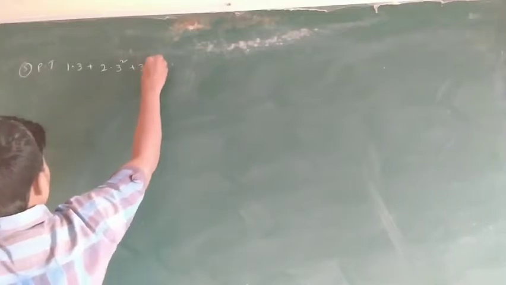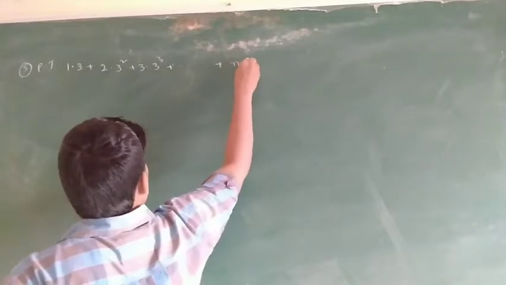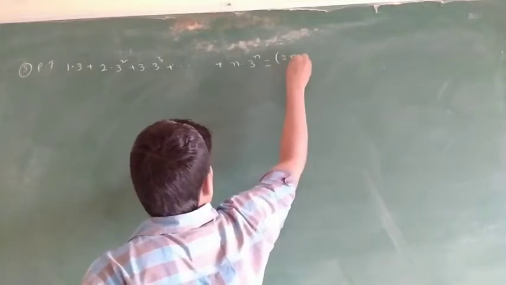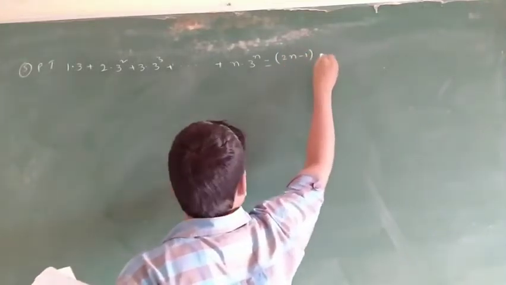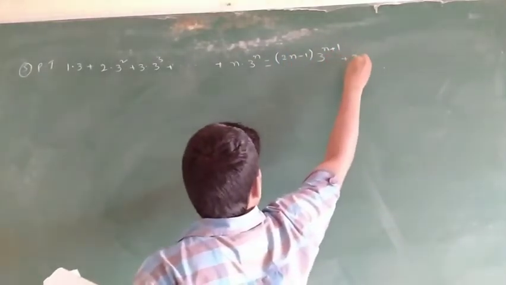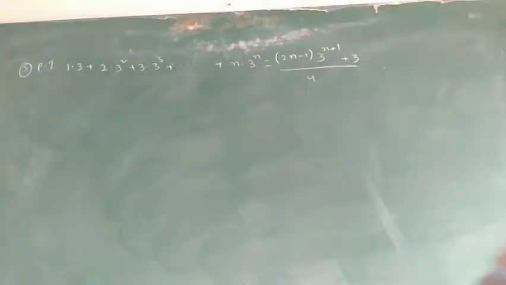Prove that 1 into 3 plus 2 into 3 square plus 3 into 3 cube plus and so on plus n into 3 power n is equal to (2n minus 1) into 3 power n plus 1, plus 3 by 4.